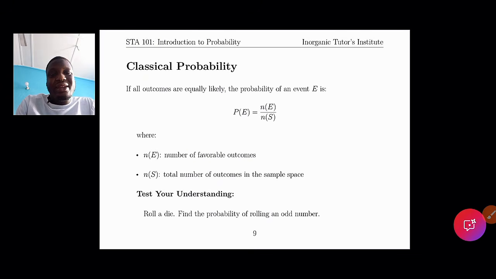It's not like the blue marble is so big that you'll be tempted to pick the blue. No, they are all of equal sizes, and you don't even look into the bag before you make the selection. It's totally random. So when we talk about probability where the outcomes are all equally likely to occur, then we say we are dealing with classical probability.